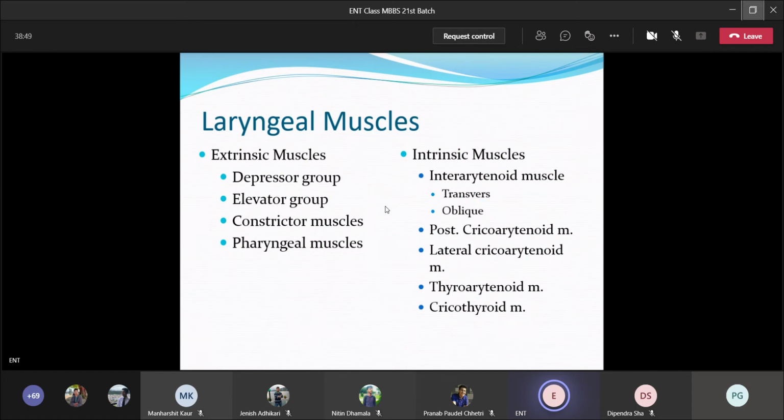And intrinsic muscles are the interarytenoid muscles, transverse and oblique, posterior cricoarytenoid muscles, lateral cricoarytenoid muscles, thyroarytenoid muscles, and cricothyroid muscles. So these are the extrinsic and intrinsic muscles of the larynx.